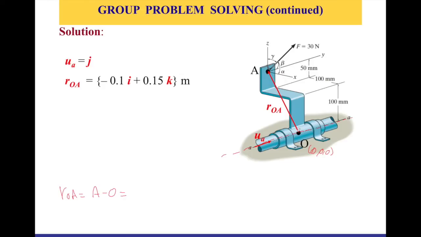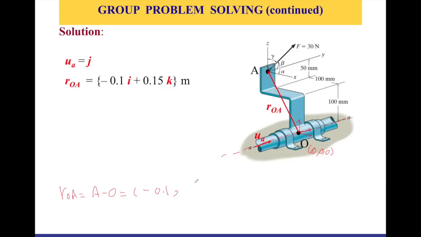You can see that we went a little bit back in the x-axis. This is my origin, this is your positive x, that's positive y, and this is your positive z. So I went backward 100 millimeters, so your x is going to be minus, and in meters it's going to be 0.1 meters, which is 100 divided by 1000.